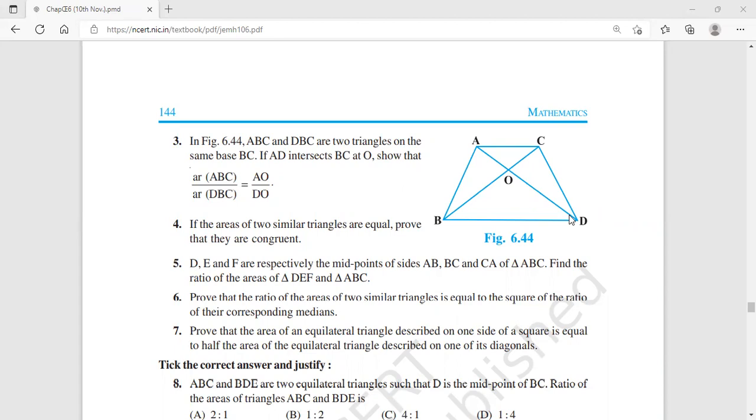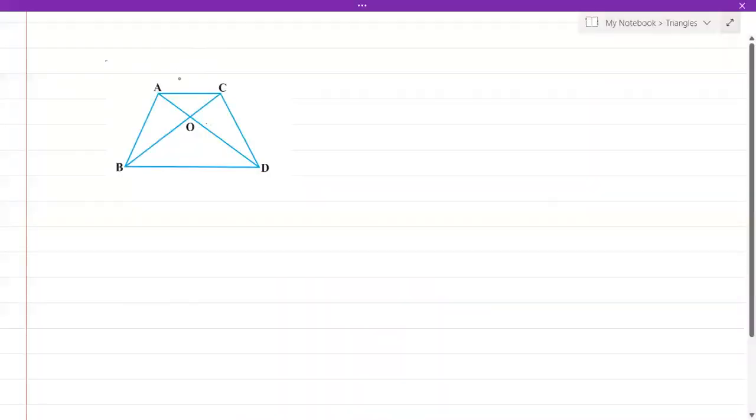So let's solve it. This is the figure. Remember what I said: if they had given an arrow mark showing that the sides are parallel, we could have said that it is a trapezium, but they have not given that. Okay.